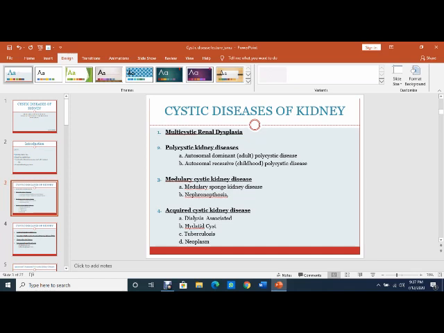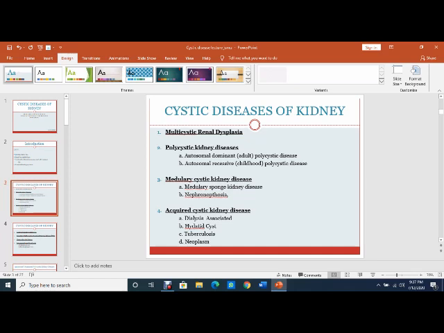Nephronophthisis and acquired cystic kidney diseases. What are the other problems related to cysts? Patients who are on long-term dialysis for more than 10 years can develop solitary or multiple cysts in the kidneys.